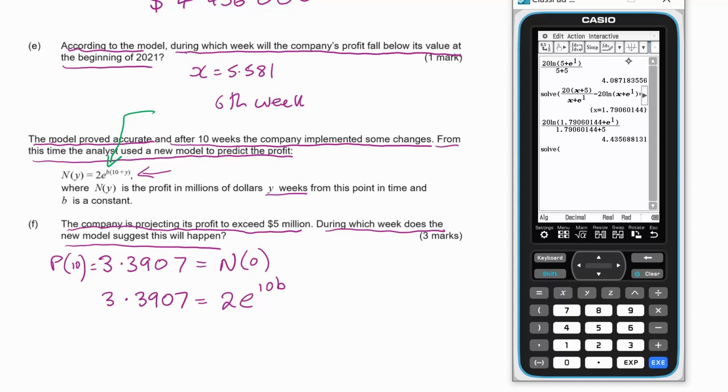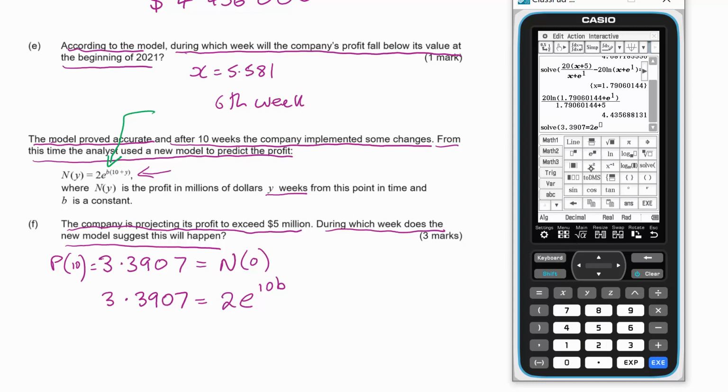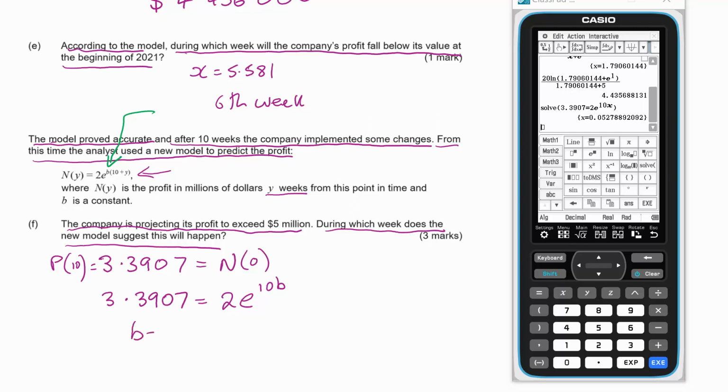So we're solving 3.3907 equals 2e to the 10x. That gives me x is 0.0528. So b is 0.0528.